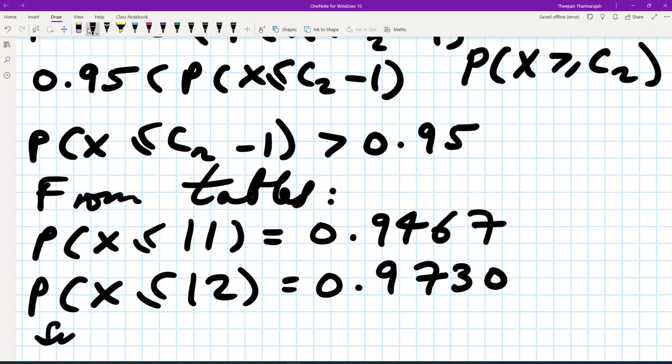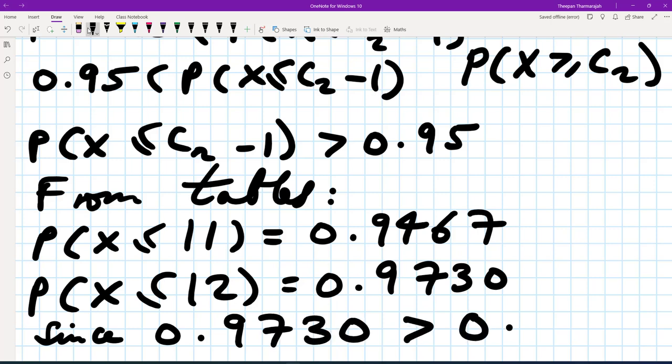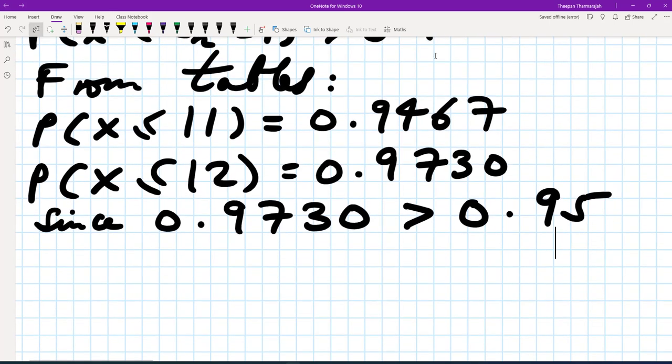So since 0.9730 is strictly greater than 0.95, therefore C2 minus 1 must be 12.